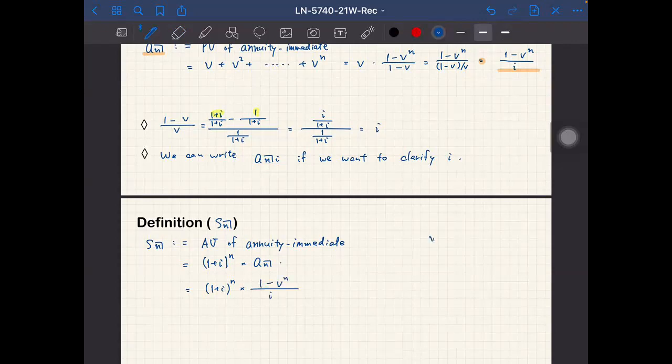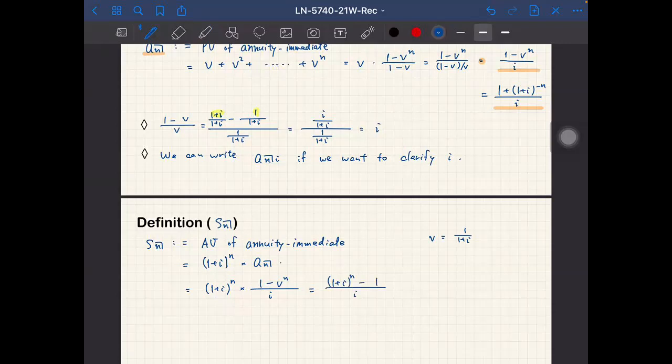And actually v is 1 over (1 plus i). So v to the power n is actually (1 plus i) to the power negative n. So that means this quantity becomes ((1 plus i) to the nth power minus 1) over i.